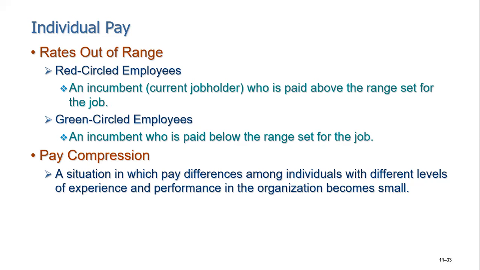So the difference between my salary and theirs, being senior at Sukkur University, is very small. This situation is called pay compression, and it becomes a cause of demotivation and dissatisfaction for a senior employee.